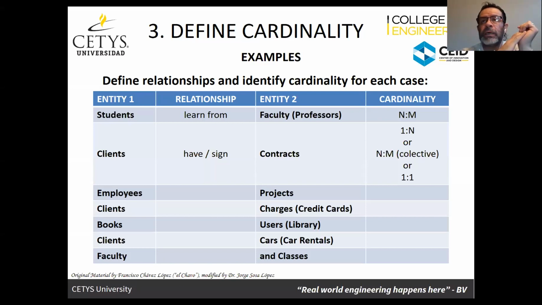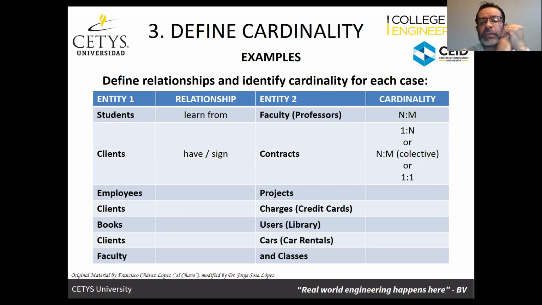That could be one situation. It could be collective, like some collective bargaining agreement. So one client can sign many contracts, and contracts can be signed by a group of clients or many clients. That could be another situation.